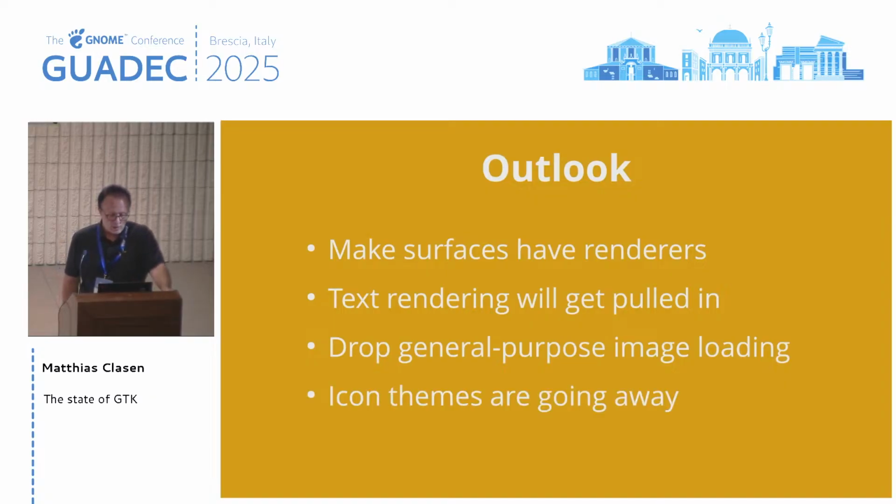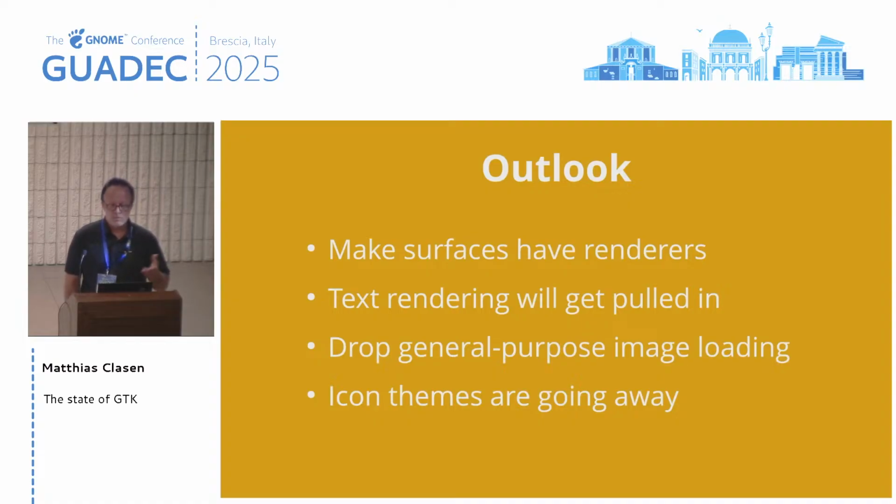And still related to the topic of image content and icons, we see the icon theme API also going away. It's obsolescent. There's lots of complications in the icon theme spec around sizing and scales and how to do fallback between different icon names. And all of that is not really well aligned with the way applications nowadays use icons.